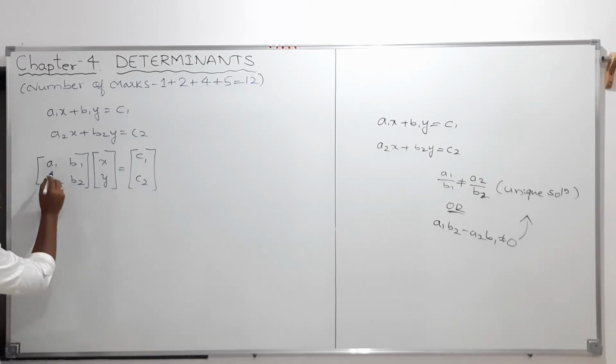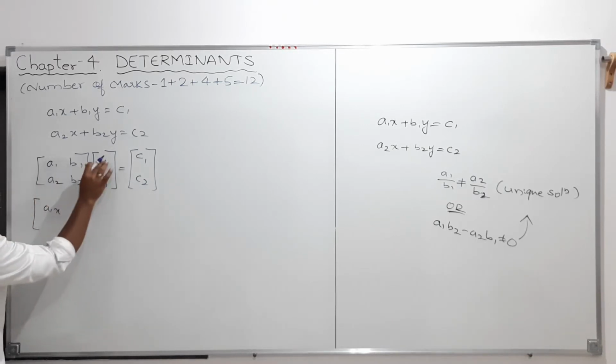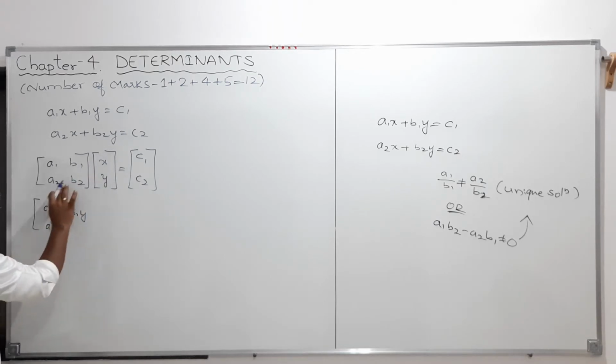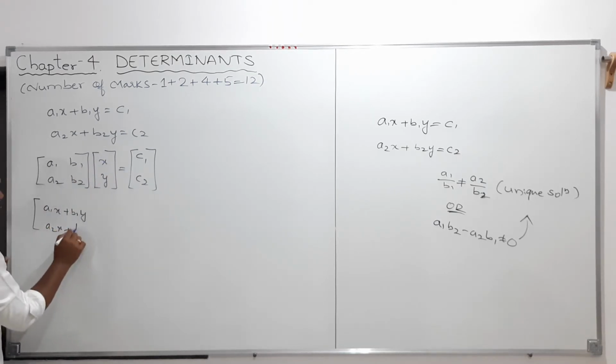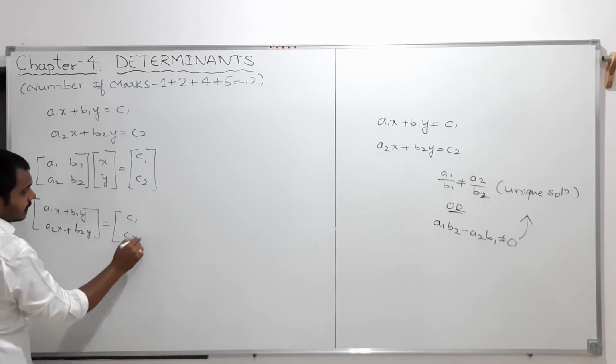You can check, my students, by cross multiplying. How to cross multiply? Row by column. So here, first row, first column gives a1x plus b1y. Next, second row, first column gives a2x plus b2y. And this is equals to c1 c2.